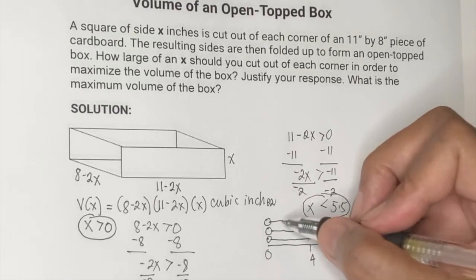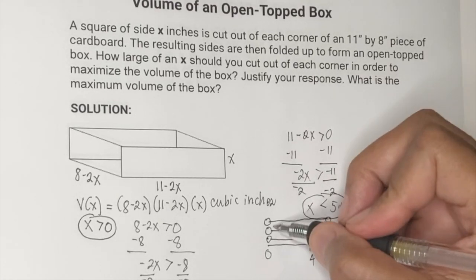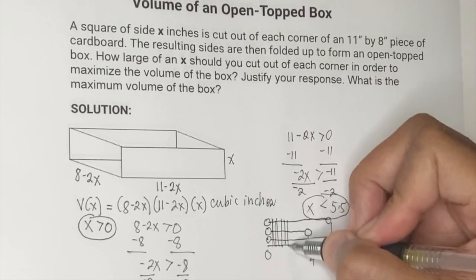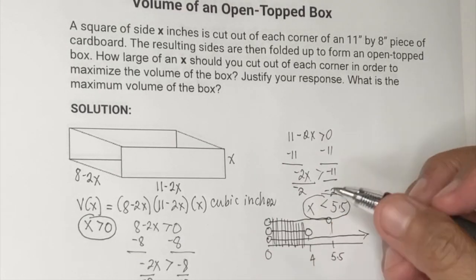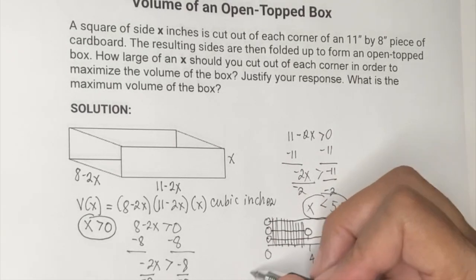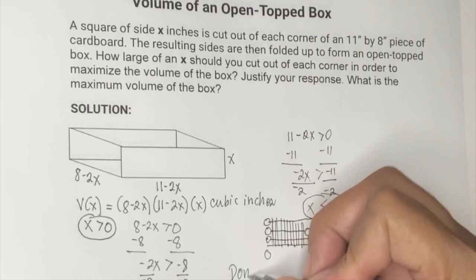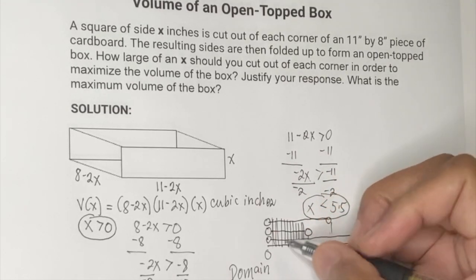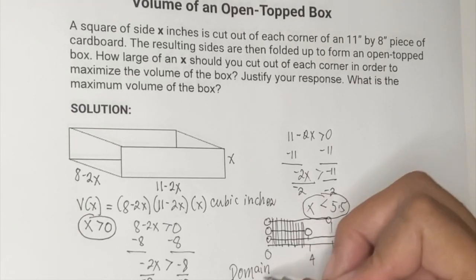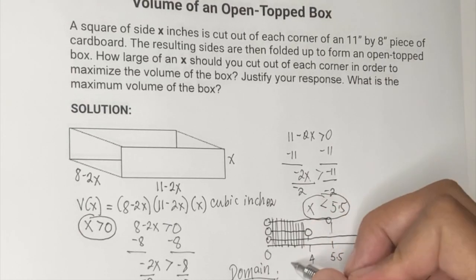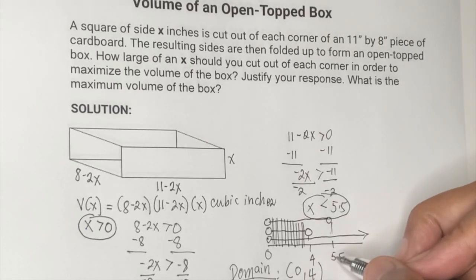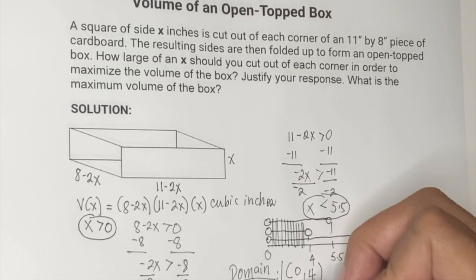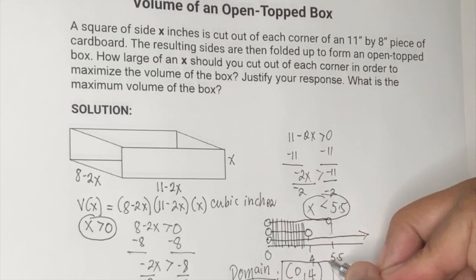As you can see, the three sets intersect between 0 and 4. What does that mean? That means that our domain is between 0 and 4, excluding 0 and 4.